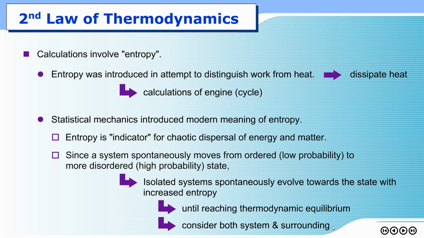There are two kinds of directions: spontaneous change and non-spontaneous change. Once again, spontaneous change has natural tendency to occur, but it doesn't mean that it will occur. On the other hand, non-spontaneous change will not have natural tendency to occur, but again, it doesn't mean that we cannot make it occur. We can make it occur if we supply some additional energy.